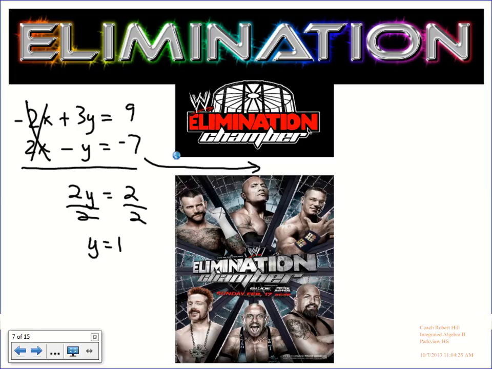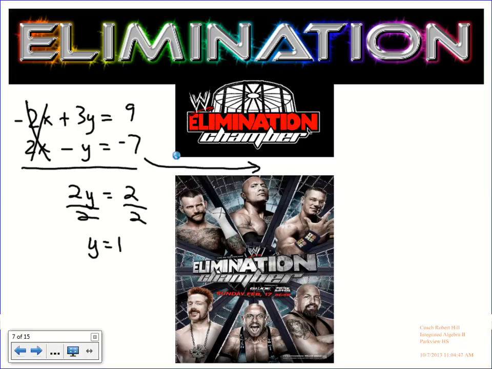Now, somebody always asks this question. When I take that y equals 1, do I substitute it into the first equation or the second equation? It doesn't matter. Think about this. Your solution is the x and the y that solves how many of the equations?